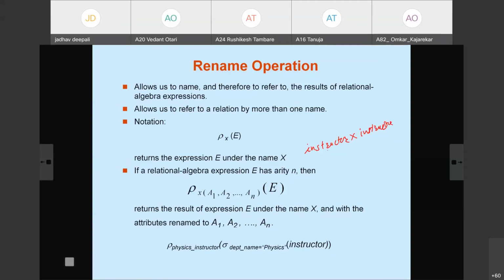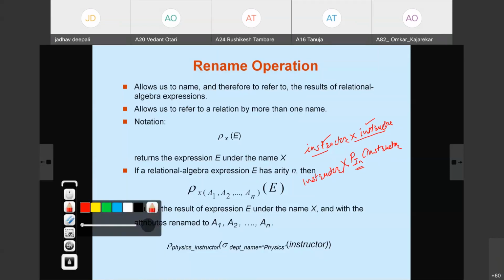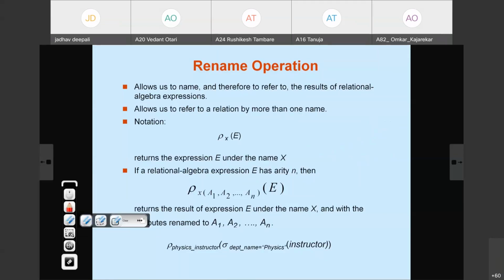Then how do we recognize the attributes from this one or this one? In that case, we can rename the second one as IN instructor and then make the Cartesian product. So when we need to compare or make the Cartesian product of the same relation for any query, the rename operation is mostly used.